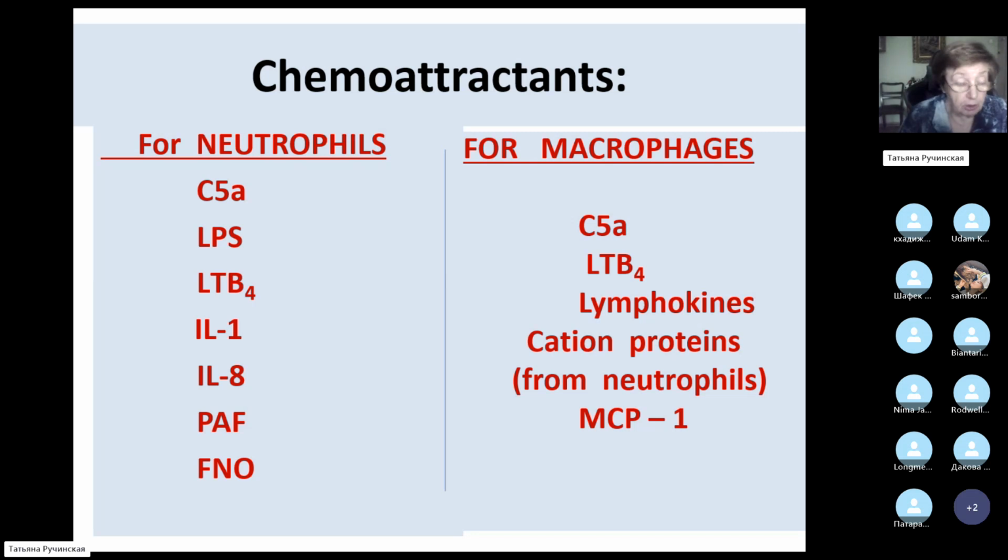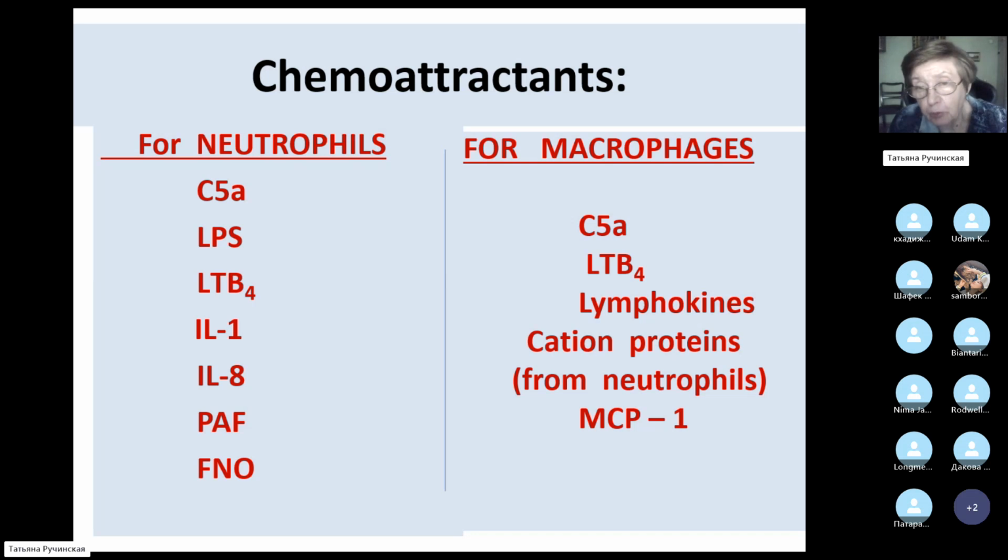Because not only is it easier for neutrophils to come through the vessel wall, through the very small gaps between endothelial cells, due to the neutrophil having a segmented nucleus. And another, there are very many chemotactic factors for neutrophils.